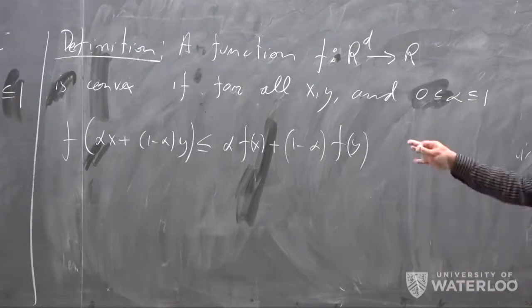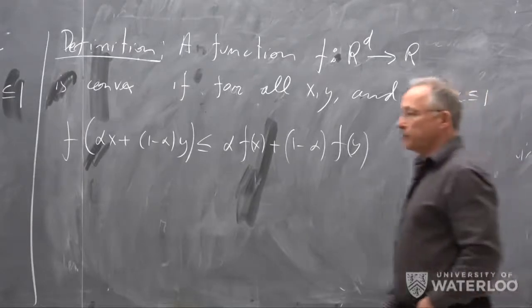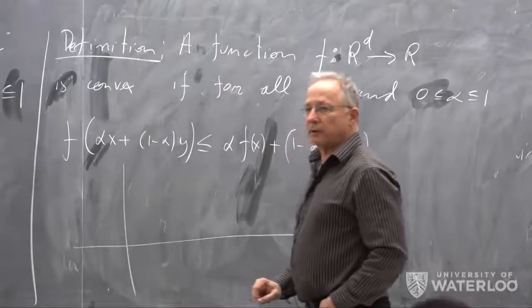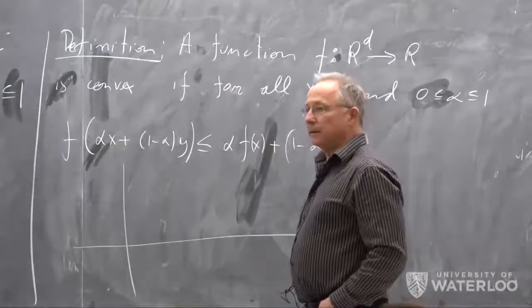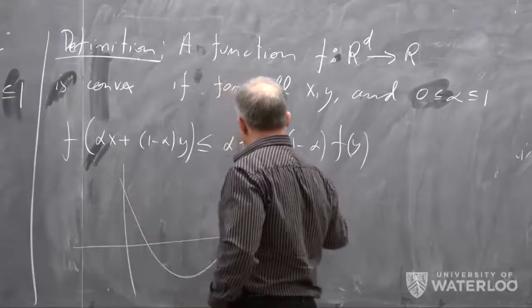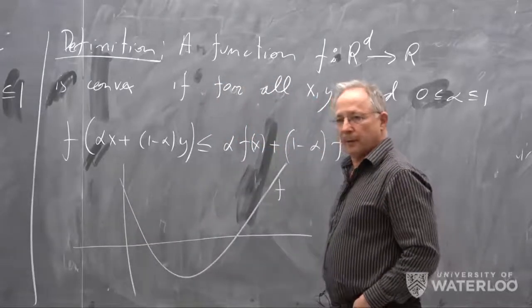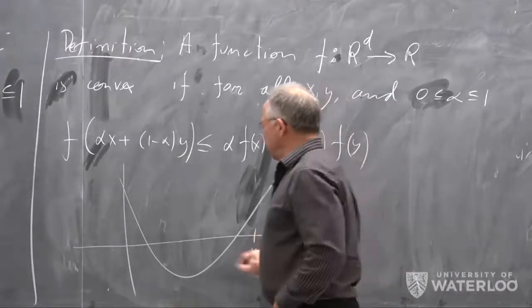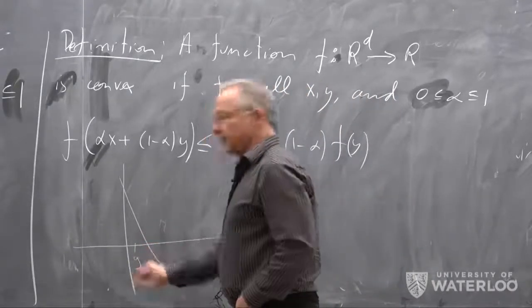So what does it mean in terms of a picture? What is a convex function? Consider, for example, a function that goes from R to R. Say that my function looks like this. This is the graph of my function f. What does the convexity mean? Assume that I have here a point x, and here I have a point y.